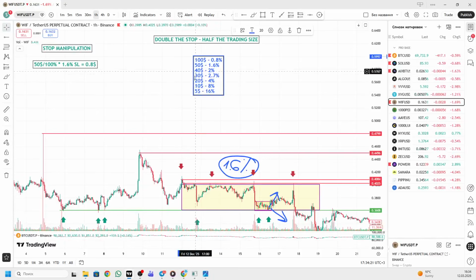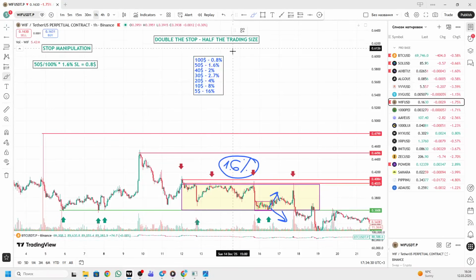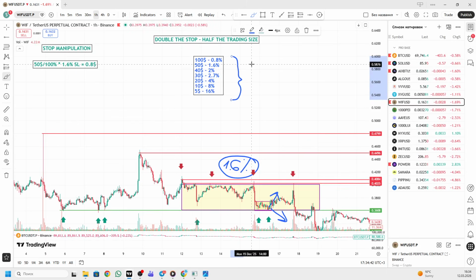You have the trading size and the stop loss which you can put with this trading size. And as we said, it doesn't matter what trading size or what stop loss you put, in the end, if it hits your stop loss, you will still have a $0.8 loss.